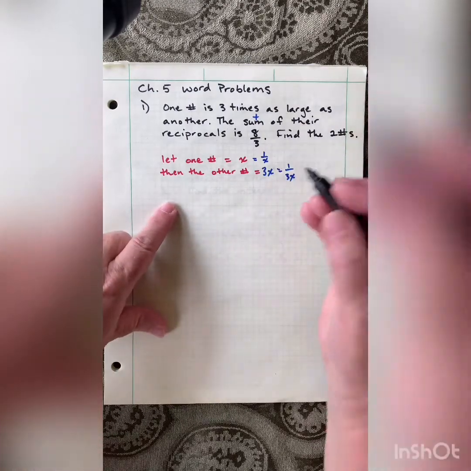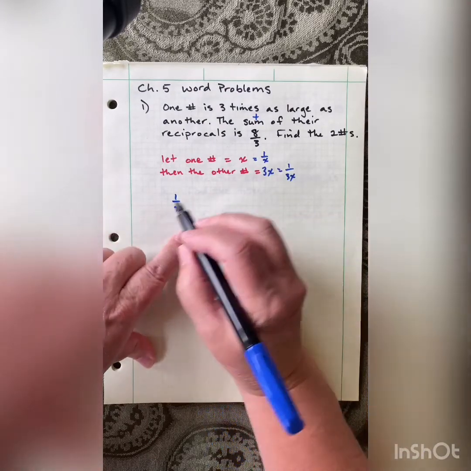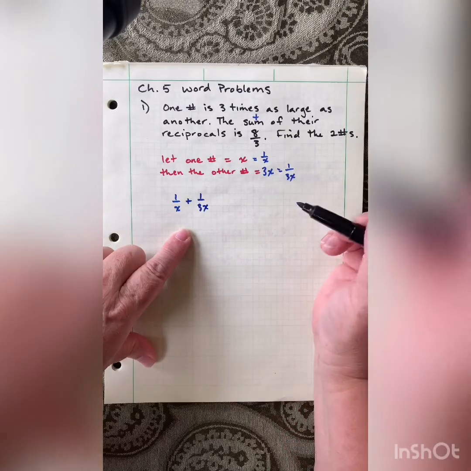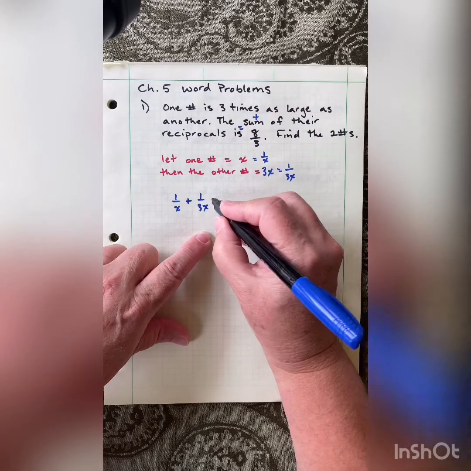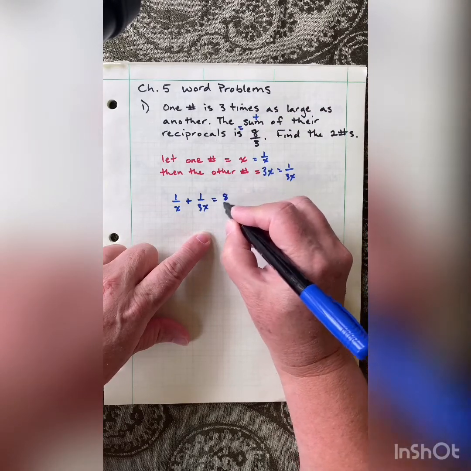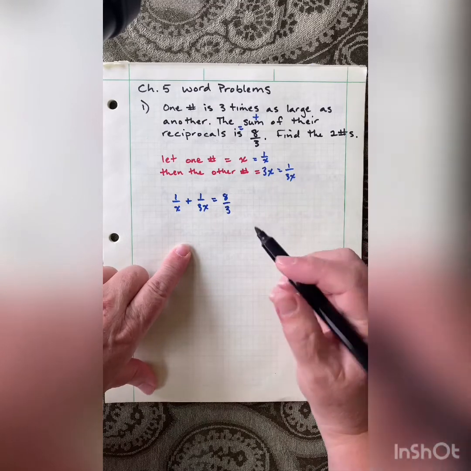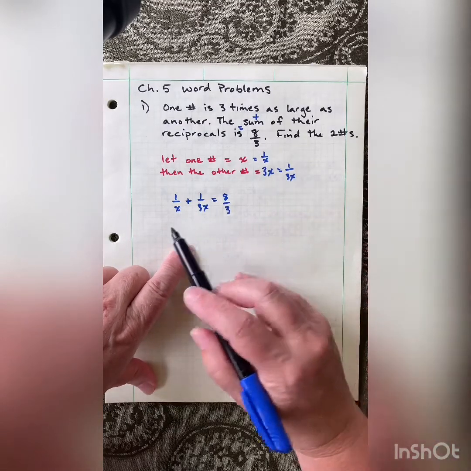So the sum of their reciprocals: 1 over x plus 1 over 3x is, well, that's an equal sign, right? Equals 8/3.